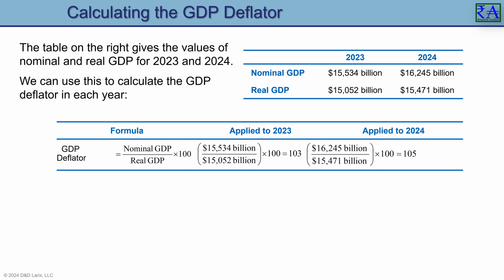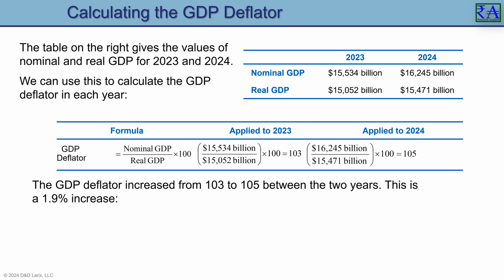For instance, in 2023, the nominal GDP was $15,534 billion, and the real GDP was $15,052 billion, yielding a GDP deflator of 103. In 2024, with a nominal GDP of $16,245 billion and a real GDP of $15,471 billion, the GDP deflator increased to 105.